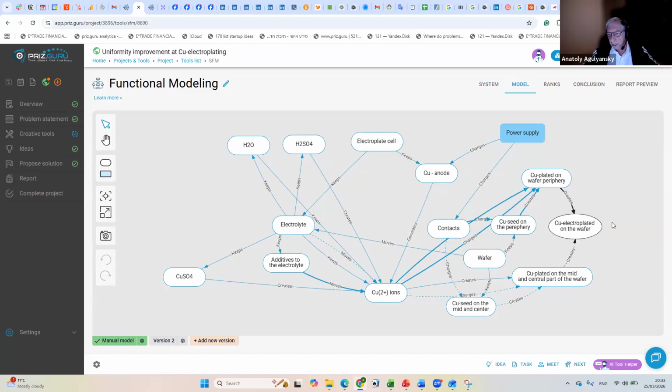So the product is copper electroplated on the wafer, and I separated the seed layer on the periphery from the seed layer on the mid and center of the wafer, and copper plated on the periphery and copper plated on the mid and central part of the wafer, because it's different.